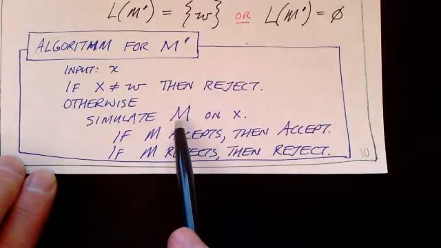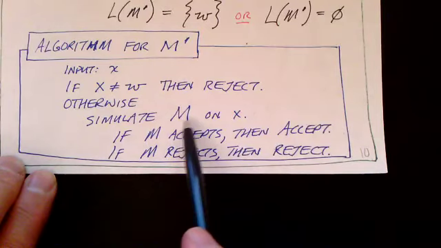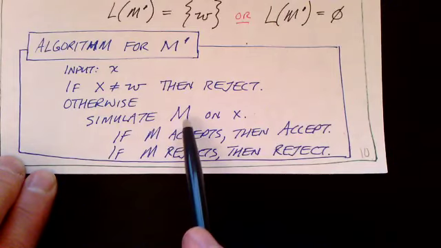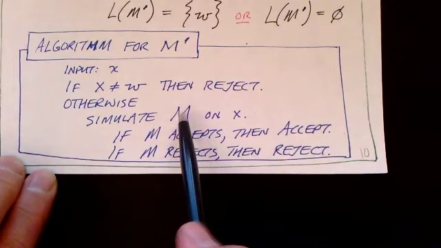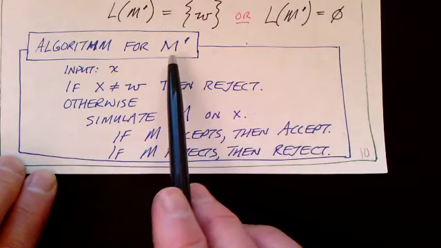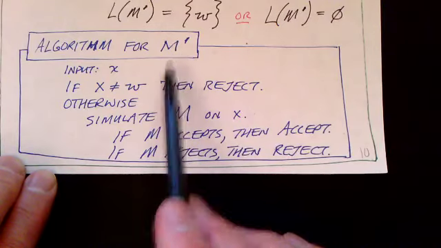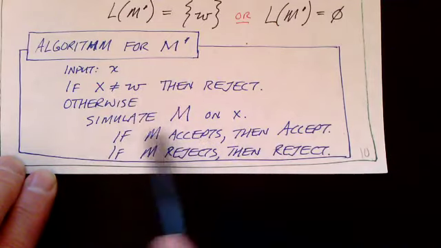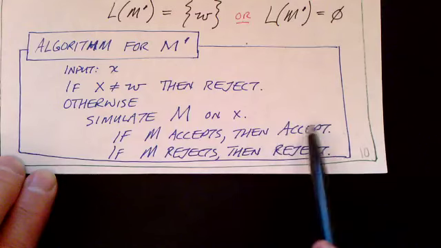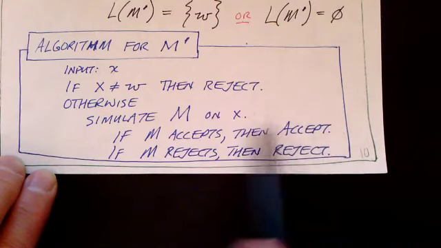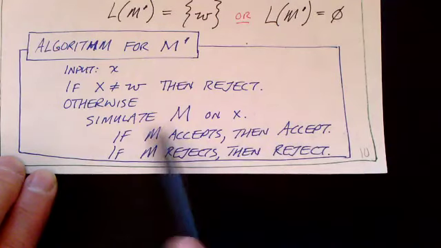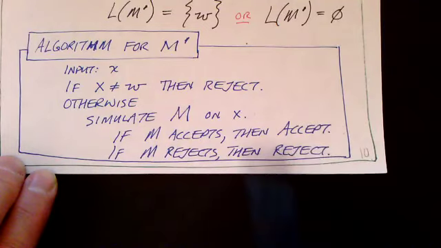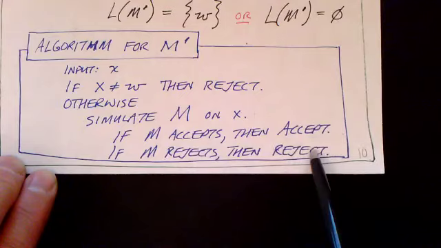Algorithm S has a description of Turing machine M, and a bunch of states in machine M, and those states get added to the machine M prime that we're constructing, along with some states to do this initial check first. And then if M accepts, M prime will accept, of course, because we're just simulating it. And then if M rejects, then M prime would reject. And if M loops, then M prime will loop.